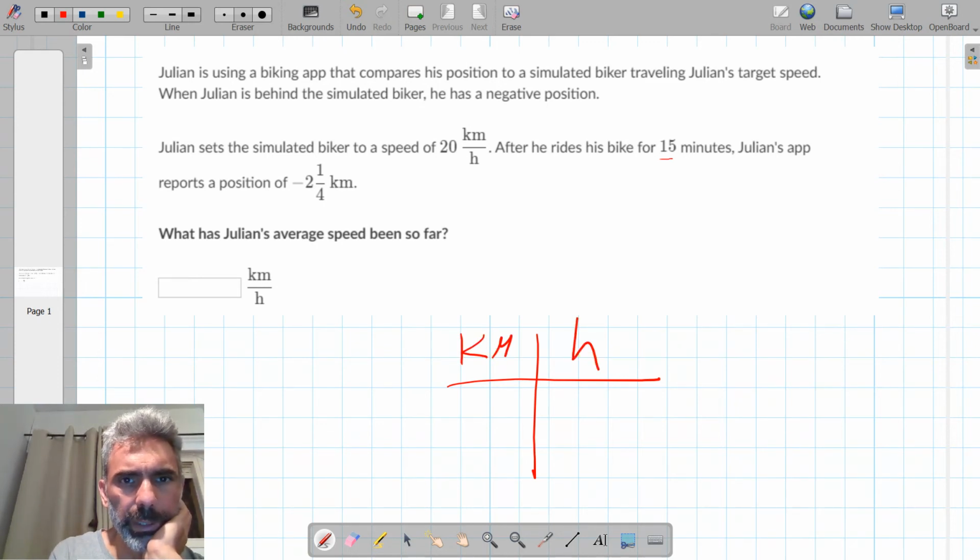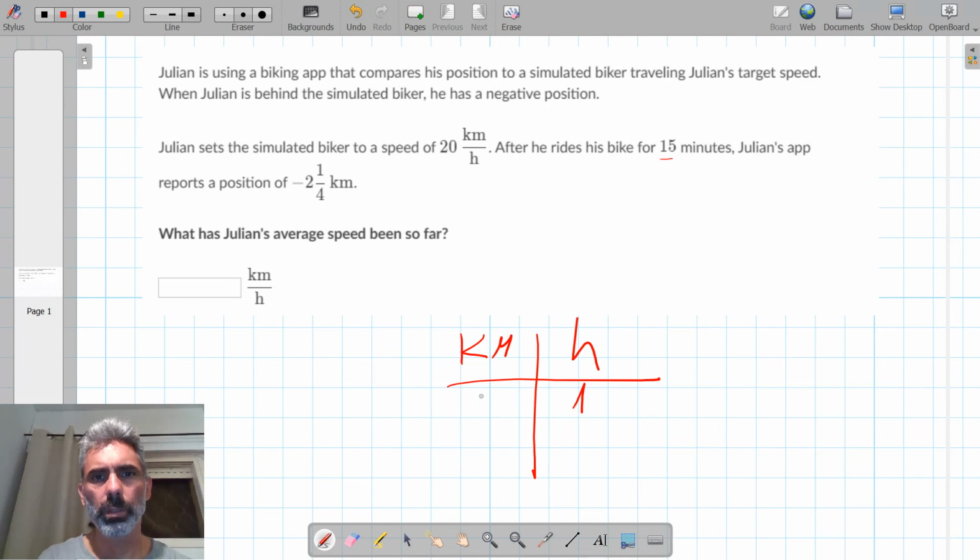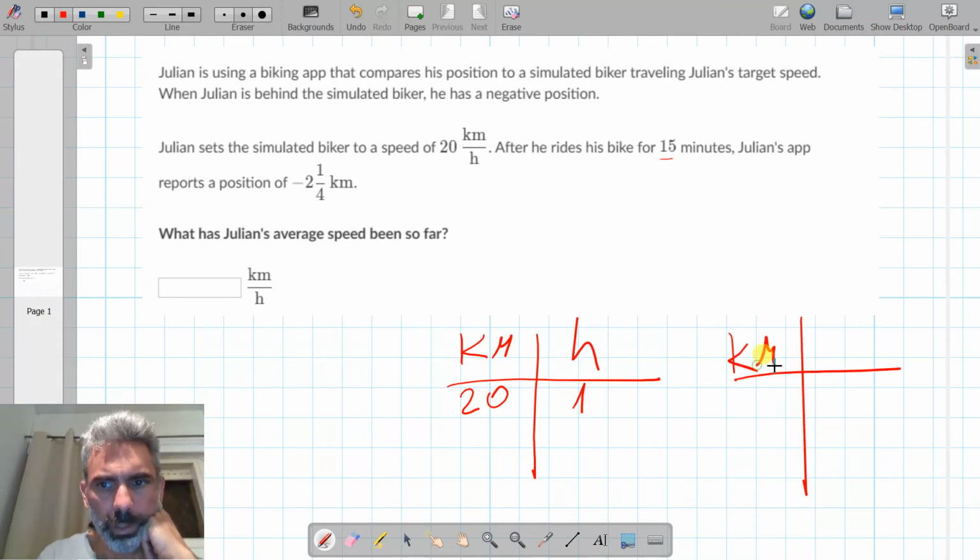So the simulated biker, if he goes for 1 hour, he travels 20 kilometers. So let's translate this into minutes. So kilometers in minutes. So 20 kilometers, 60 minutes.